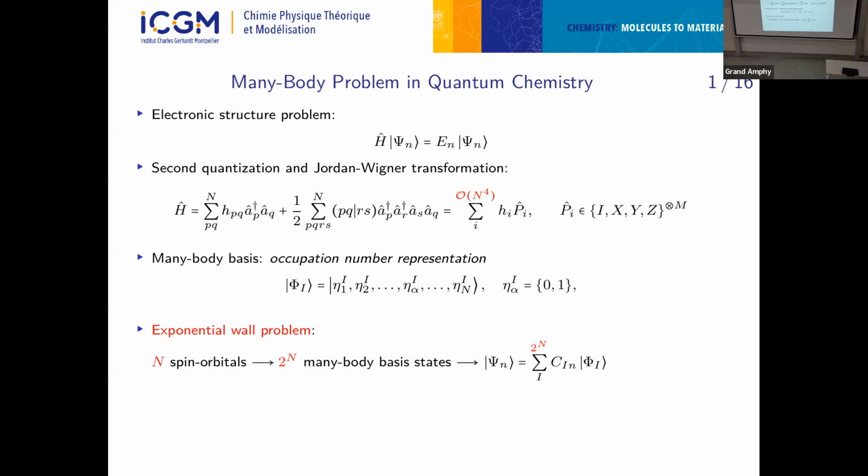And if you don't conserve the number of particles, if you really consider your full Fock space, you will have 2 to the power of n many-body determinants. So your wave function will be written as a linear combination of exponentially many Slater determinants. And this is what we call the exponential wall problem. And obviously on a classical device, we cannot solve that efficiently.